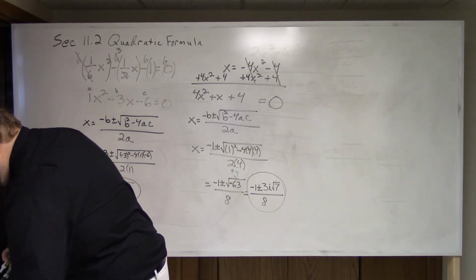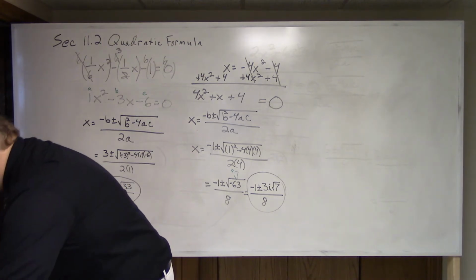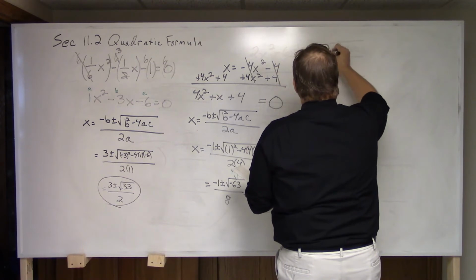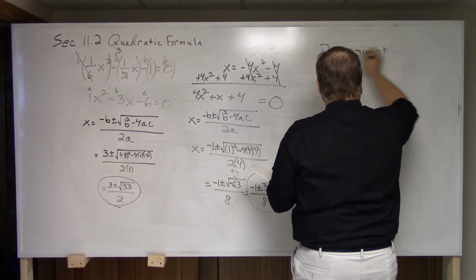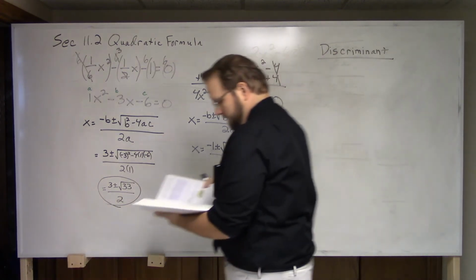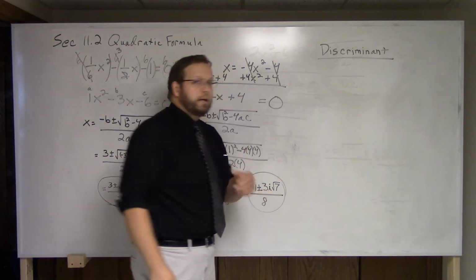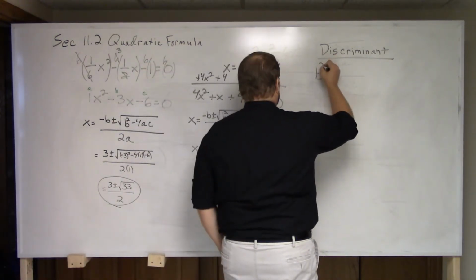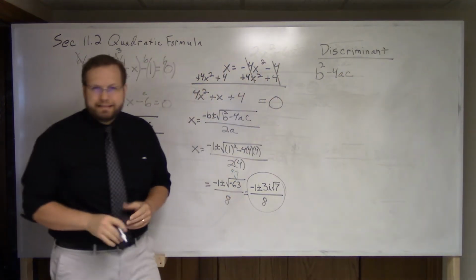They talk next about what's called the discriminant. I just want to touch on this briefly. Okay, so the discriminant is this expression here. Okay, now that should look familiar.